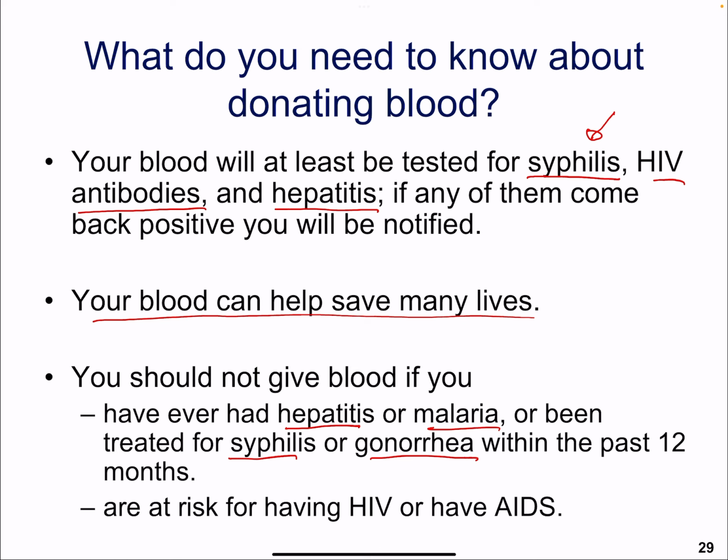Okay? If you are at risk of having HIV, for instance, if you had a blood transfusion yourself and it was told that the blood transfusion possibly contained HIV, then you cannot.